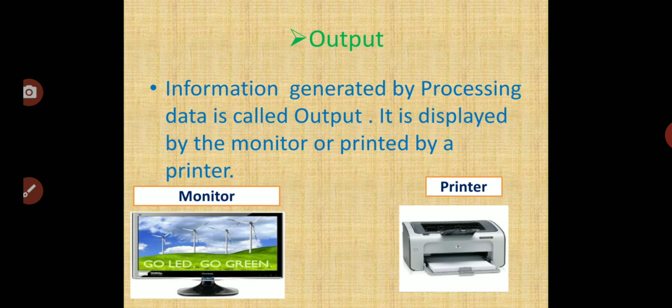And your A is displayed on a monitor, that is known as output. And you can print that with the help of a printer, then also it is output. Okay, understand the output. Output devices are two: monitor and printer. With the help of monitor you can see the output, or with the help of printer. Okay, if you understand the chart, then you will know everything very easily.